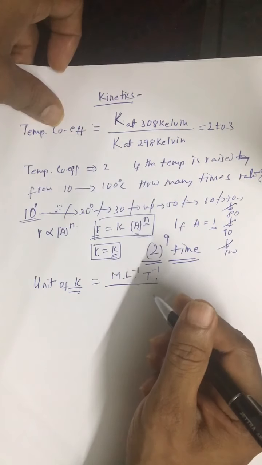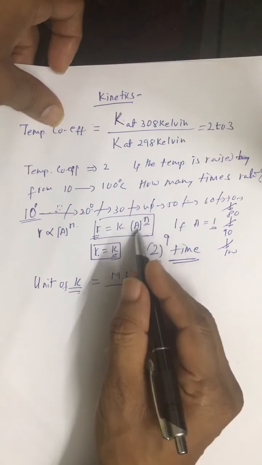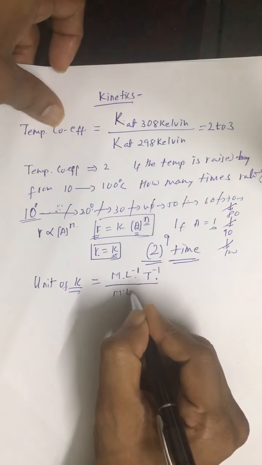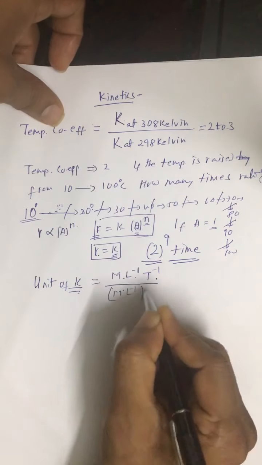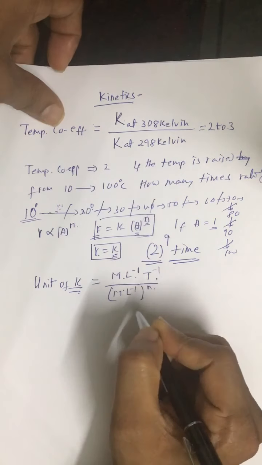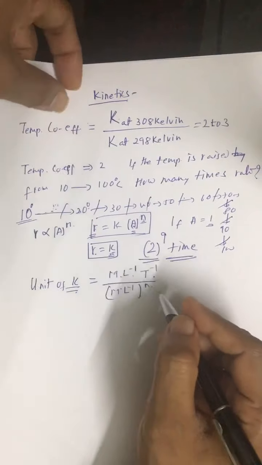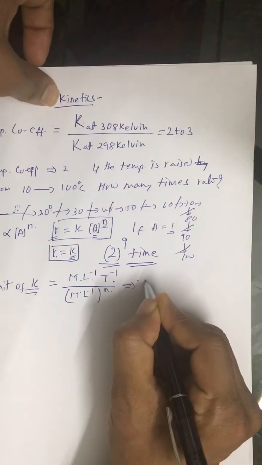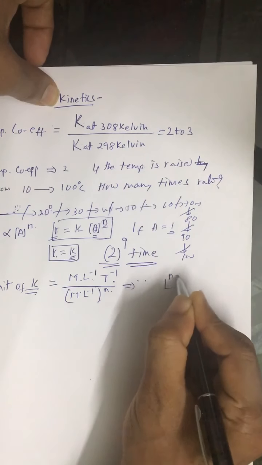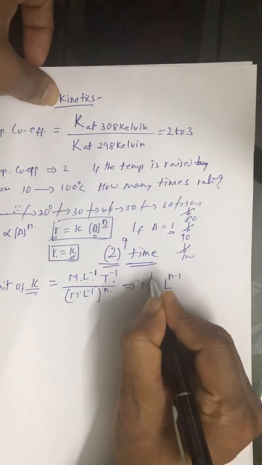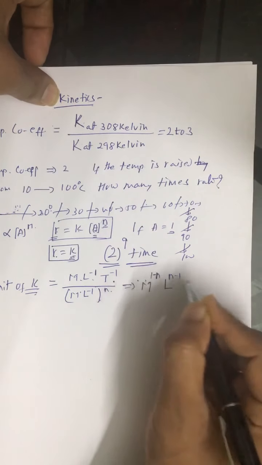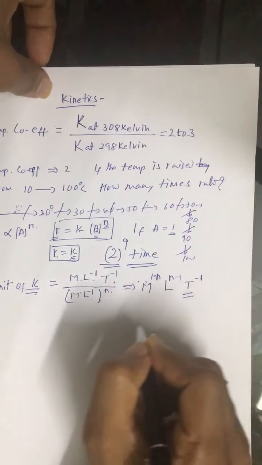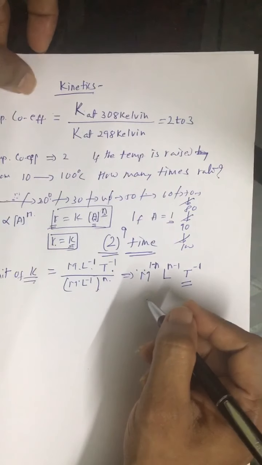This is the unit of rate of reaction, and concentration is mole per liter whole to the power n. So in general you get the relation, that is liter to the power n minus 1 mole to the power 1 minus n per time. This may be per second, per minute, etc.